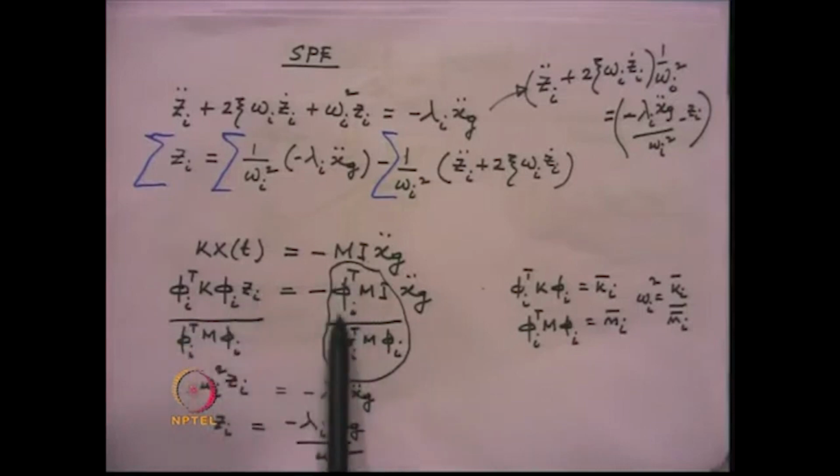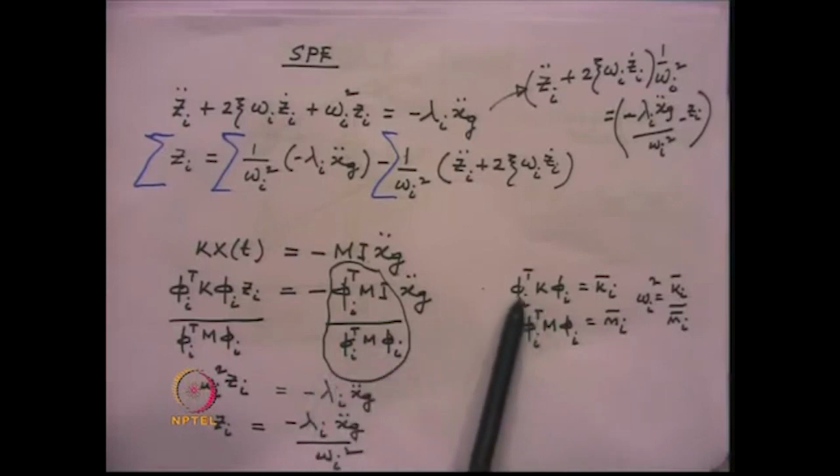Then on this side also we multiply by phi I transpose, and divide this by phi I transpose m phi I, by which for the ith mode we find the generalized mass, and on the right hand side also we divide by phi I transpose m phi I.